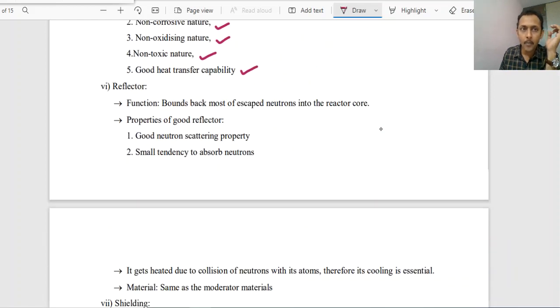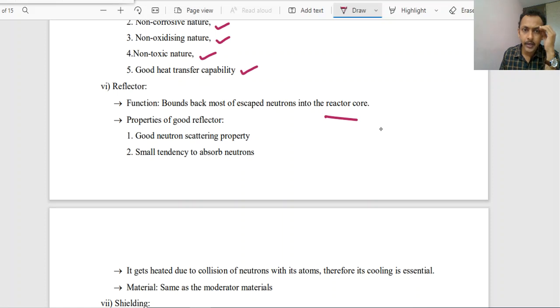Now the another component is the reflector, which bounces back most of the escaped neutrons into the reactor during the process of nuclear fission. If some neutrons are going to escape, those are to be bounced back into the reactor core.